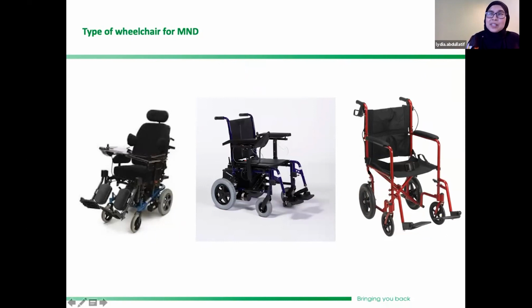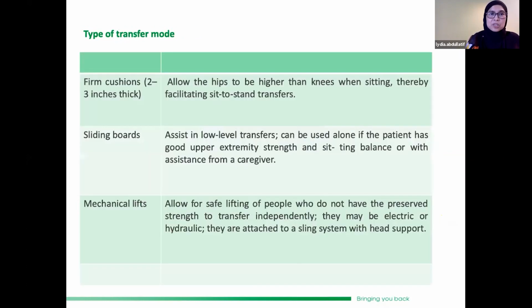And in the case where they need to go to hospital, where it is too bulky to bring in the wheelchair, you can just resort to having a push chair. So you can see that this is actually a very simple wheelchair. The tires are quite small and it is much lighter for the carer to actually handle. Okay, so these are the different types of wheelchair.